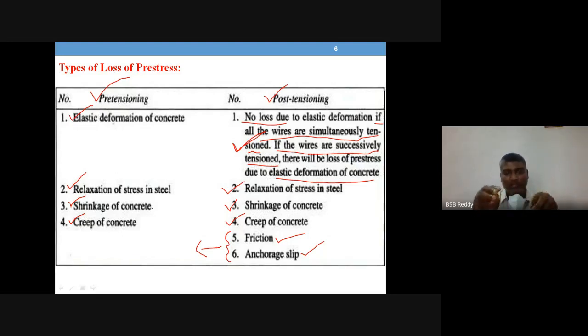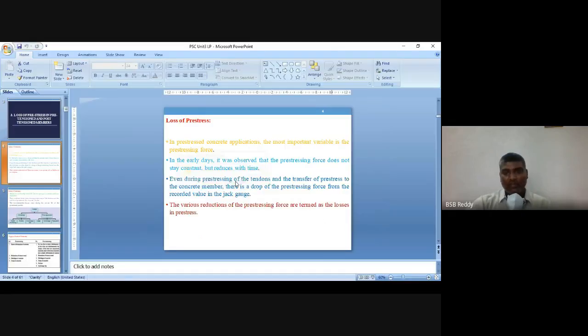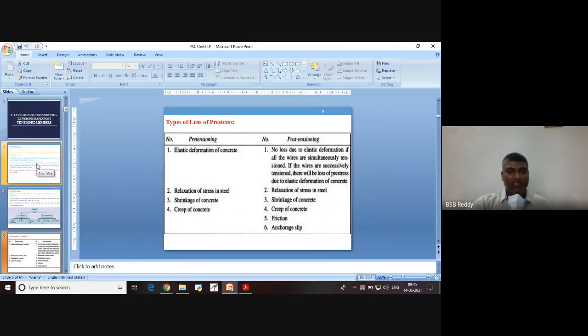We will talk about each one, how to calculate, and then we'll be solving problems in this topic. So follow regularly to get confidence in this unit, which depends very much on the IS code classes.